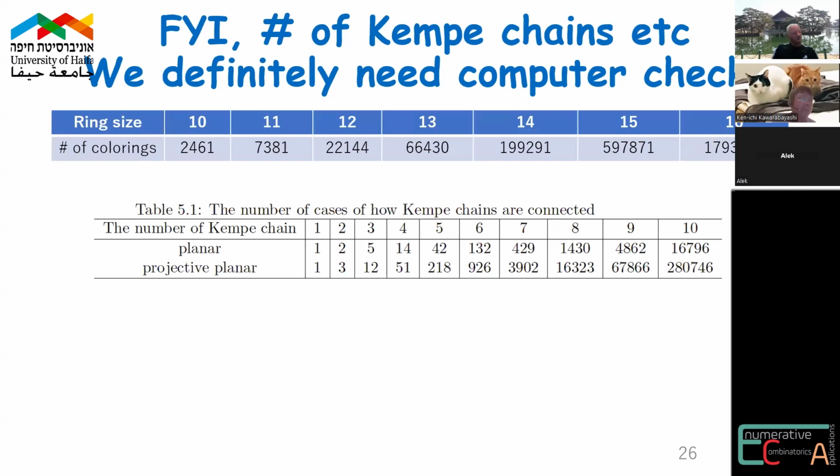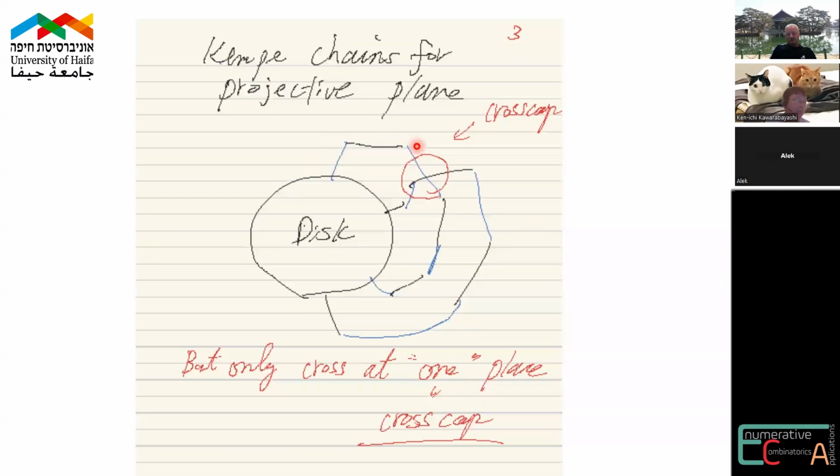And the number of Kempe chains you have to consider is this many, or sometimes this many. And we have to multiply, which means there's no way to do that by hand. And in the projective plane, it's even much more, because with one cross gap, the matching can cross, so it's more than Catalan.